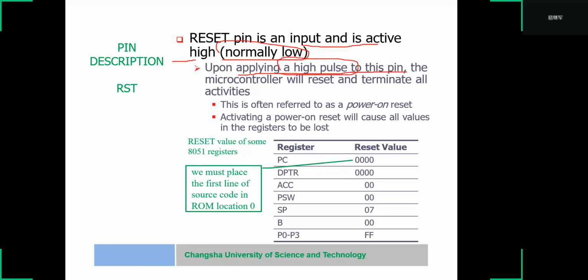In other words, the pin must be high for a minimum of 2 machine cycles before it's allowed to go low.